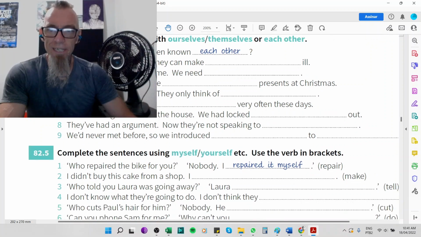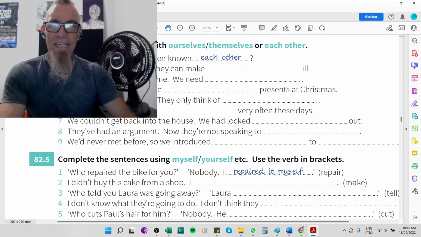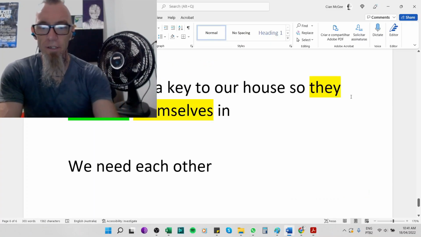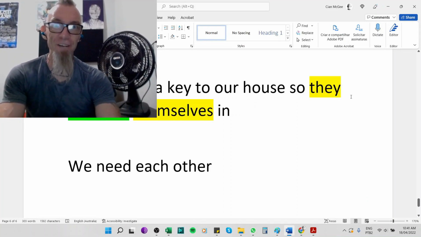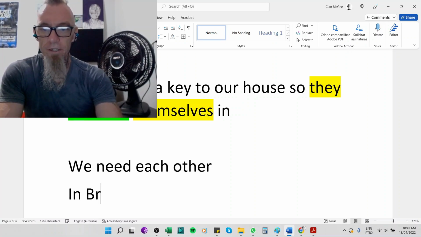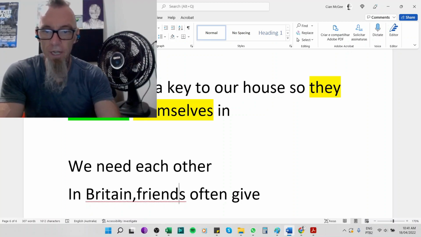In Britain, friends often give each other presents at Christmas, which they've stolen from countries like India and Ireland. Sorry. In Britain, friends often give each other presents, as if we don't do it in the rest of the world.